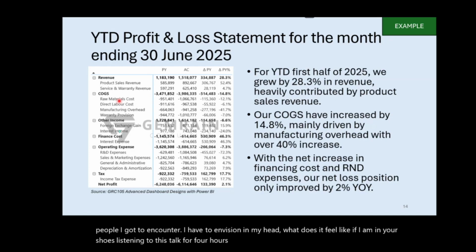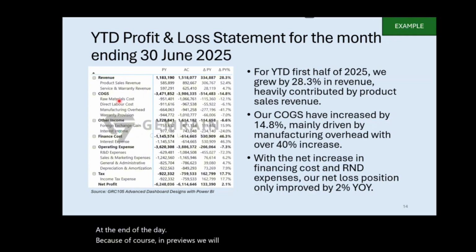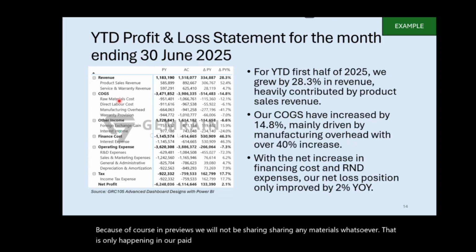What will I be getting at the end of the day? Because of course, in previews, we will not be sharing any materials whatsoever. That is only happening in our paid class, right? So what can I take back? What kind of notes do I want to write when Alex is talking, right?